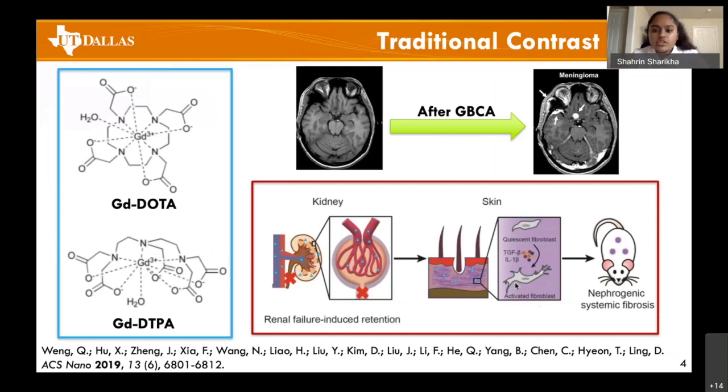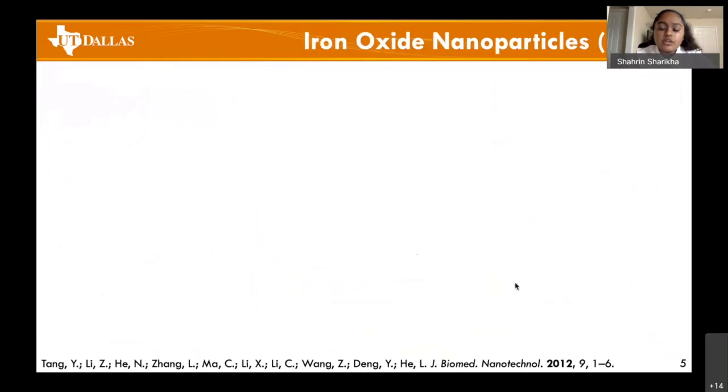Because of these issues that we have with gadolinium-based contrast agents, researchers have looked into nanoparticle contrast agents because they offer more stability and biocompatibility. One such nanoparticle is iron oxide nanoparticles.